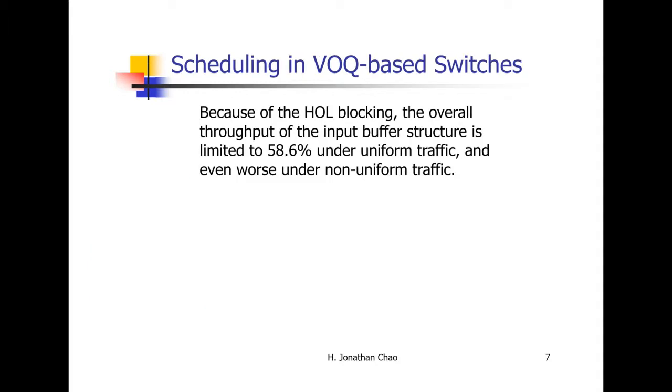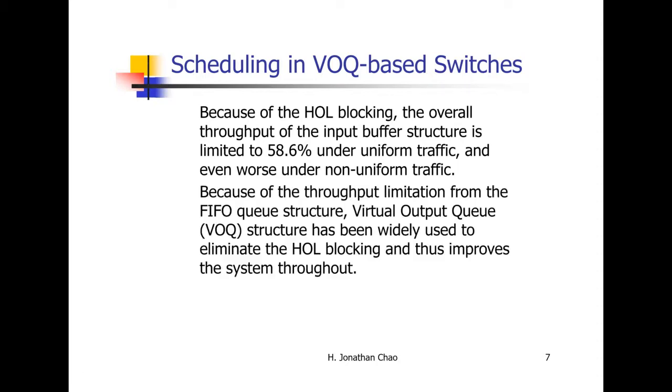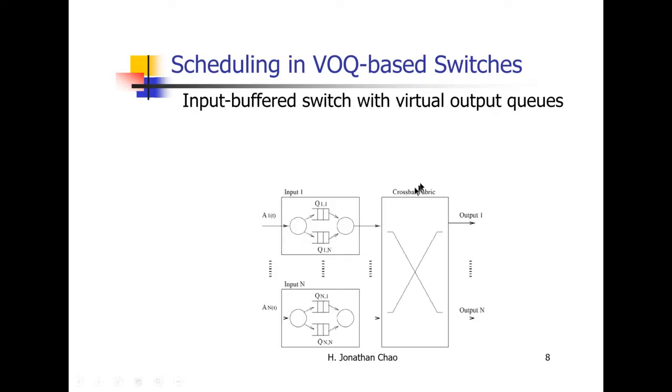And we know that the maximum throughput that you can achieve is 58%. So with virtual output queuing, you can avoid the head of the line blocking, and this is the scheme.